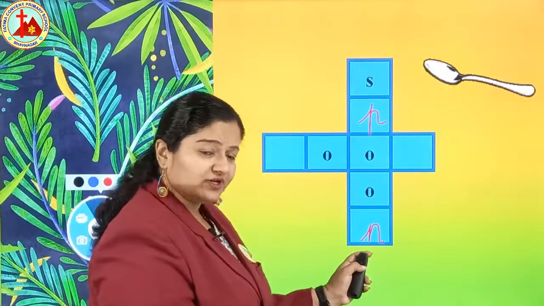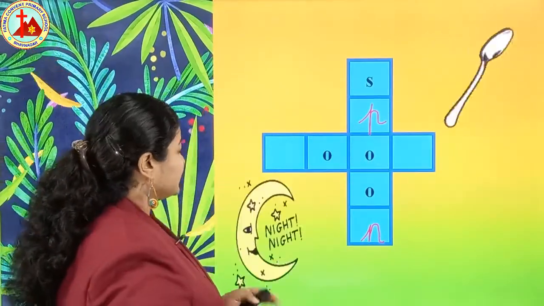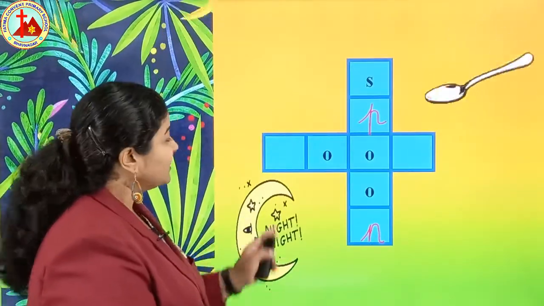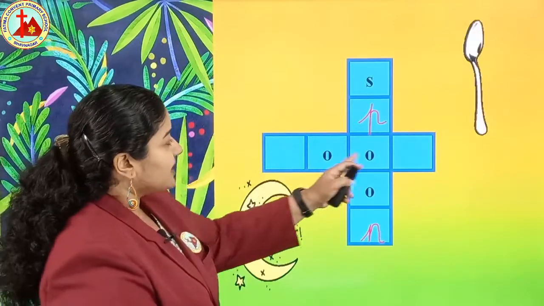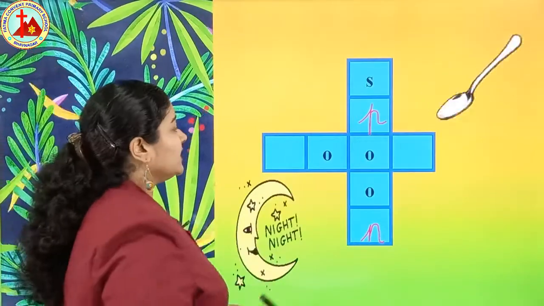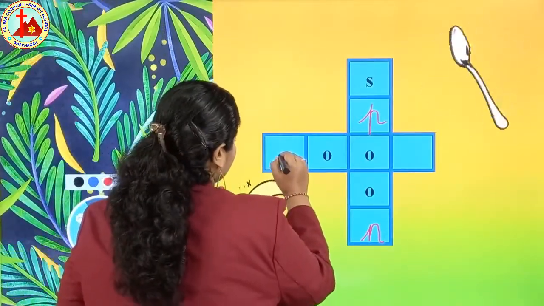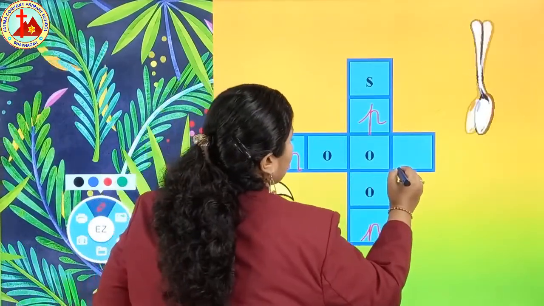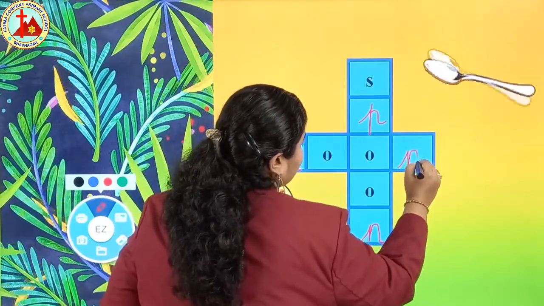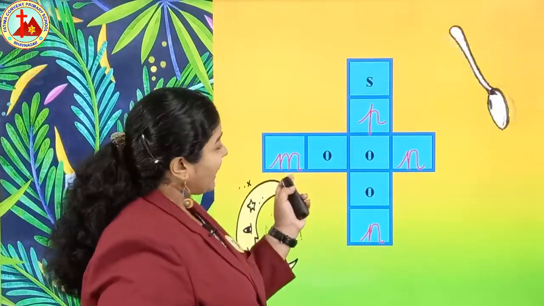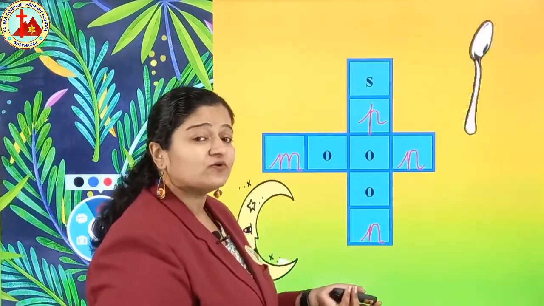S-P-O-O-N, spoon. And another picture is moon. We see the moon in the sky at night. Moon spelling is M-O-O-N, moon. Come on, write. M-O-O-N, moon. S-P-O-O-N, spoon, and M-O-O-N, moon. You have to repeat after Miss. Then only you will learn.